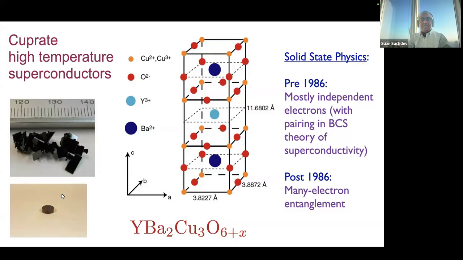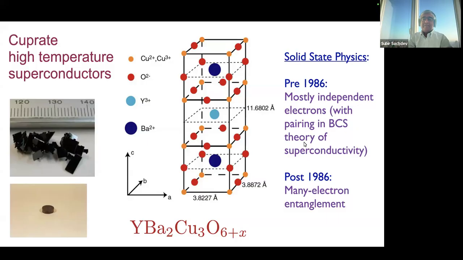But theoretically, the discovery of these materials led to, you could say, a huge revolution in solid state or condensed matter physics, because before the discovery, essentially all the discussion of bulk materials was in terms of an independent electron picture. And then, of course, the culmination of that was the pairing of electrons in the BCS theory of superconductivity.